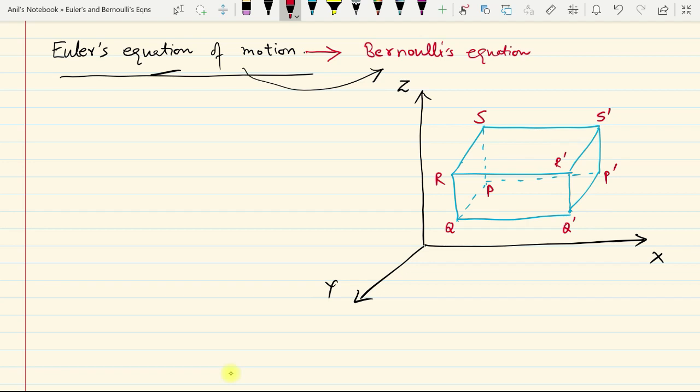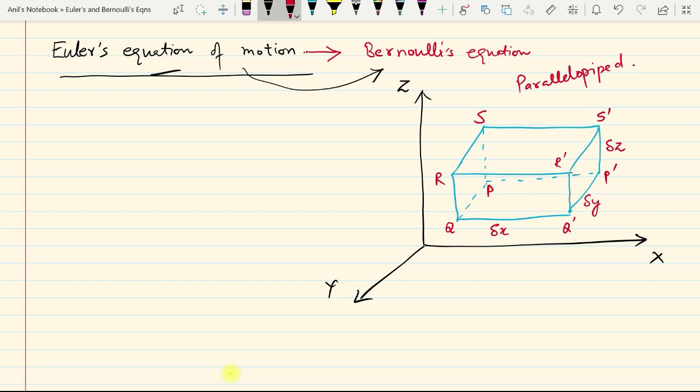Here it's a very small parallelopiped element, and the dimensions of this fluid element are: length is delta x, length along y-axis is delta y, and height is delta z, which is along z direction.